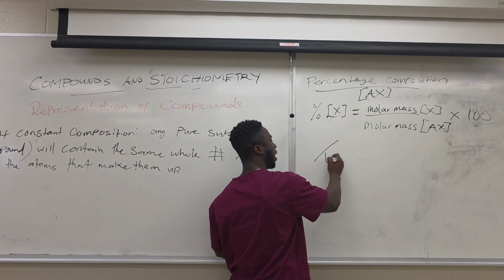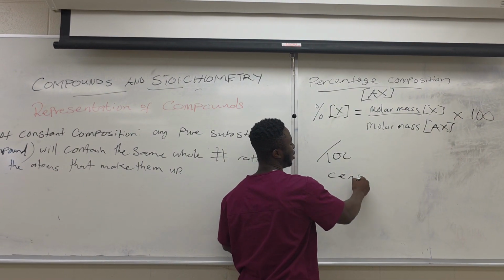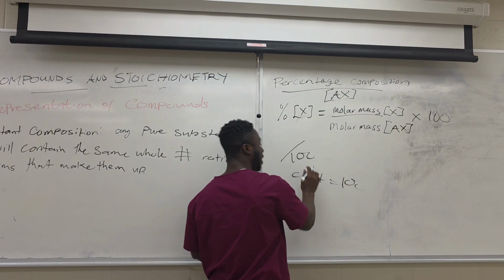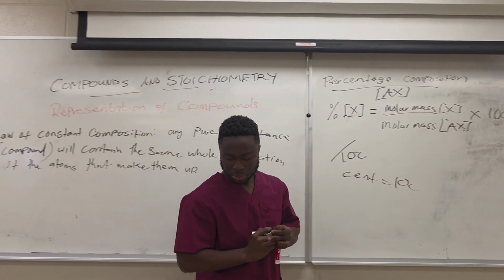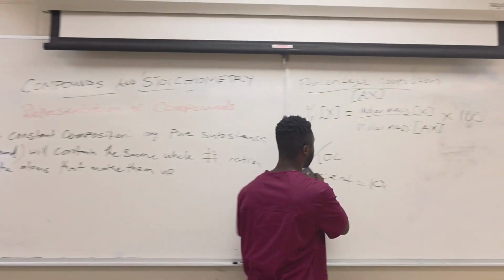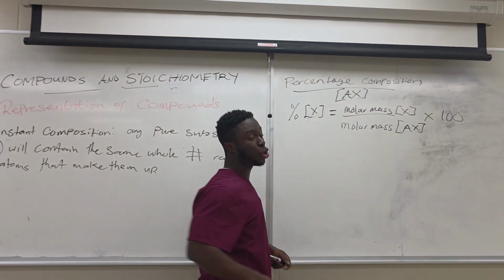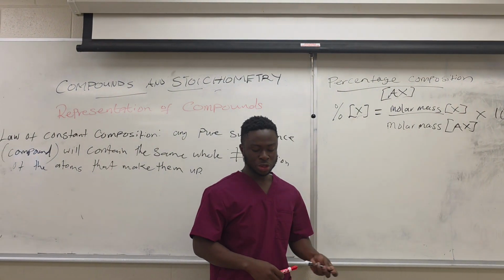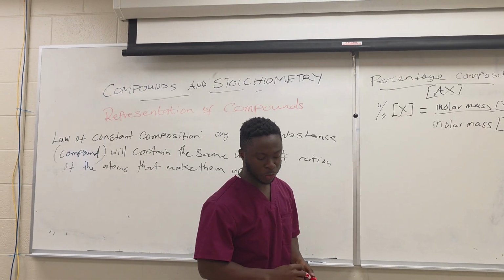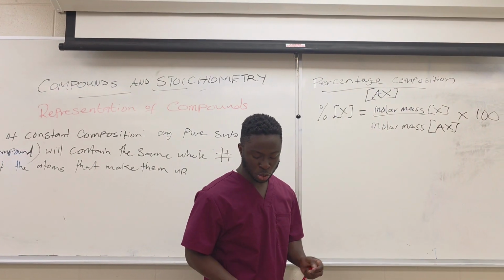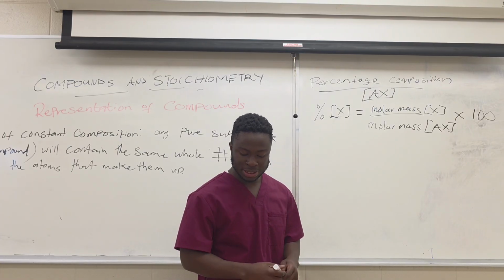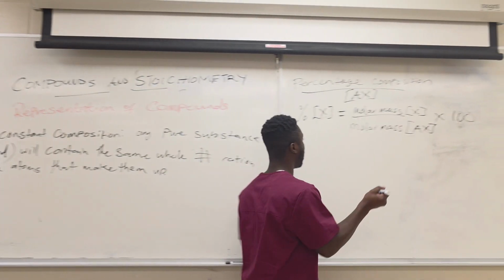Percent, per cent equals per 100. So that is the percentage composition. So let's move forward and just do one calculation. What is the percentage composition of chromium in this compound?